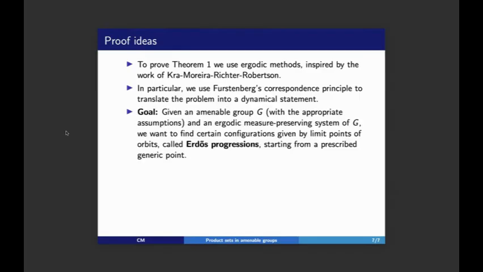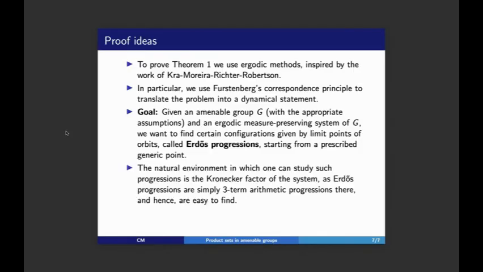Then our goal is, given an amenable group and an ergodic measure preserving action of G, we want to find certain configurations which are called Erdős progressions, and they are obtained by limit points of orbits. We should say here that those progressions, the Erdős progressions, were introduced by Kra, Moreira, Richter, and Robertson in their work where they proved Erdős' conjecture.